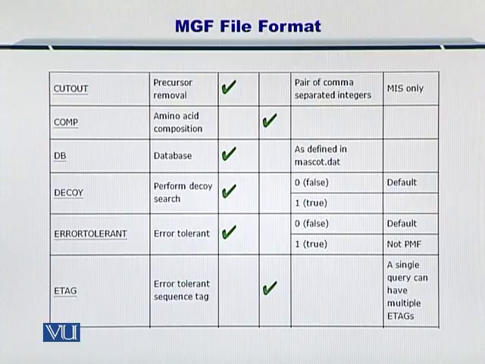The error tolerance: in this case, you can specify if your search is error tolerant and you can accept some plus or minus mass in the search. Next, the ETAG, or the error tolerant sequence tags. The sequence tags that are reported by the search may contain slight deviations, which you can tolerate if you want by setting this attribute as well.